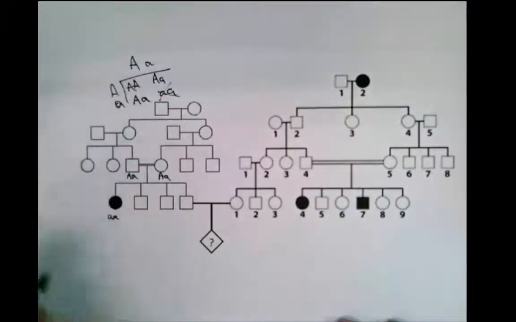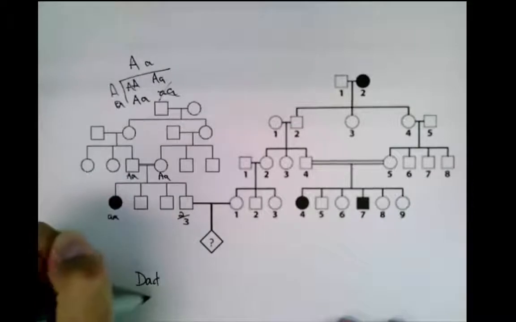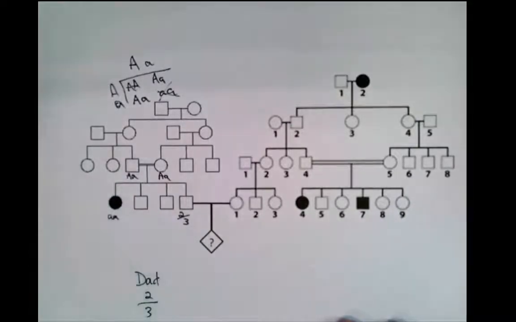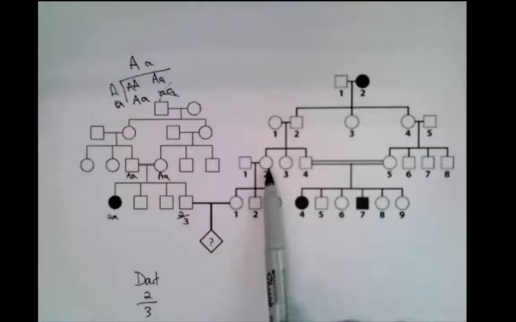So there are 3 possibilities, and there's a 2/3 chance that he is a carrier. So the dad is 2/3 chance. What about the mom? The mom is more complicated. We're going to go back and see at what point we can know a probability for certain. We don't know whether her mother is a carrier or not.